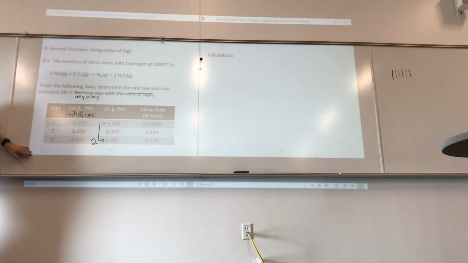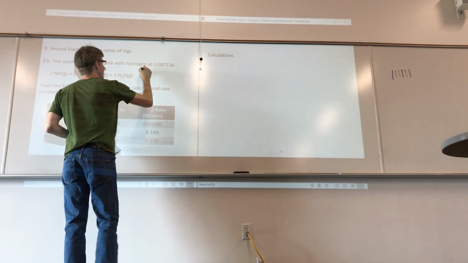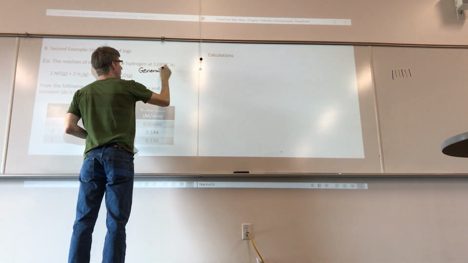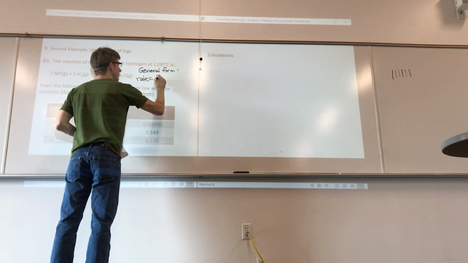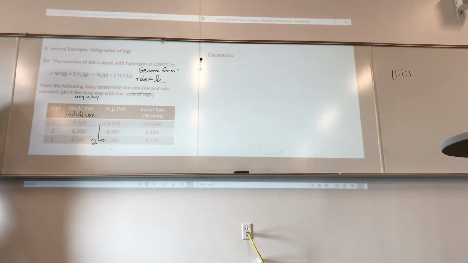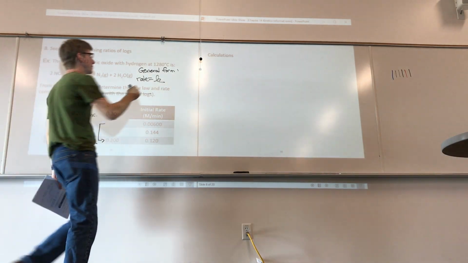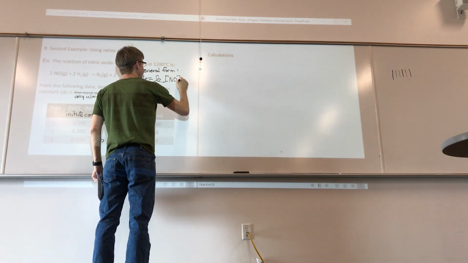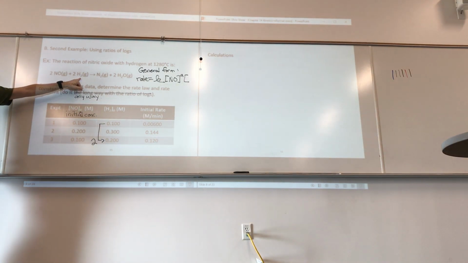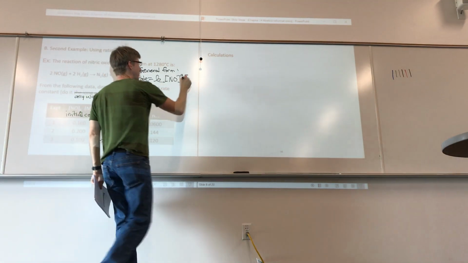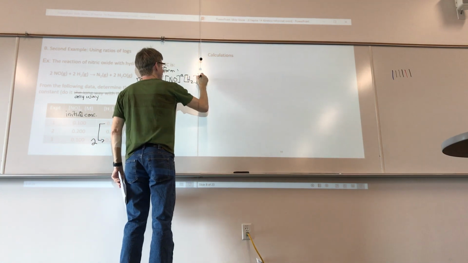And let me backtrack for a minute. Let me go back to this, write the general form of the rate law. Rate equals little k times the concentration of NO raised to some exponent we'll call A, times the concentration of hydrogen raised to some exponent that we'll call B. Okay.